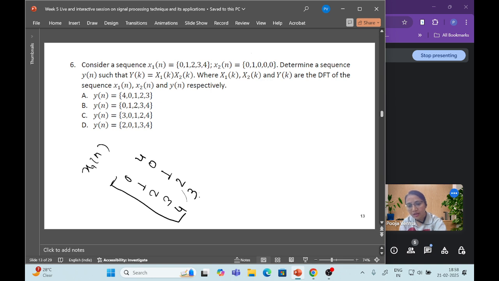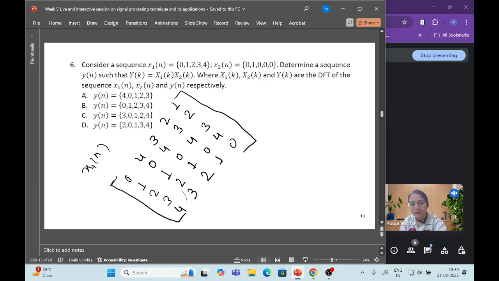Again take the last value to the first, so 4, 0, 1, 2. Again 3, 4, 0, 1. It is a 5 point, so there must be 5 columns and 5 rows. Then 1, 2, 3, 4, 0. Now this matrix has been completed.